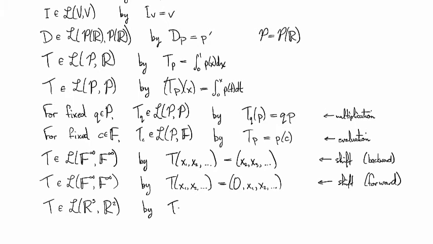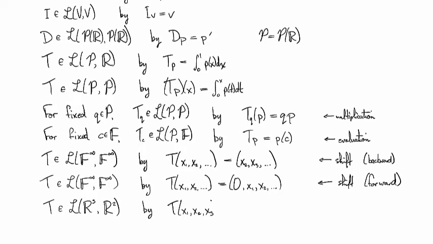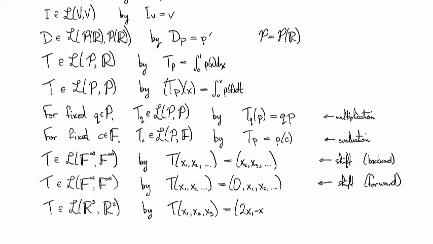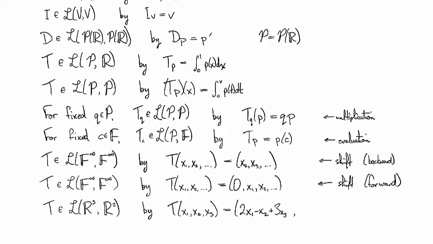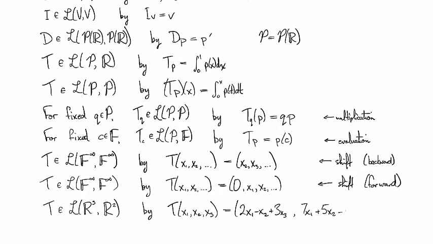We're going to map x1, x2, x3 to, and then we can put like 2x1 minus x2 plus 3x3 in the first slot, and we can put 7x1 plus 5x2 minus x3 in the second slot, something like that.